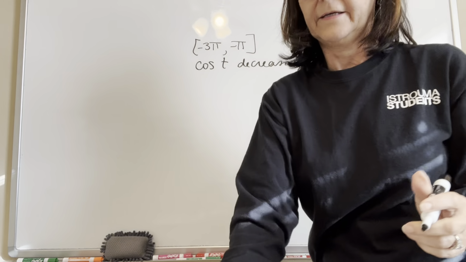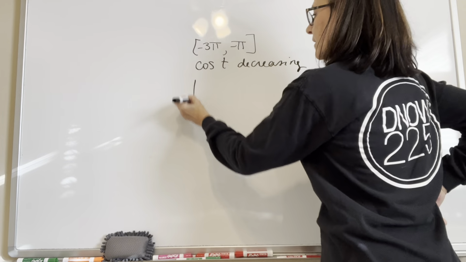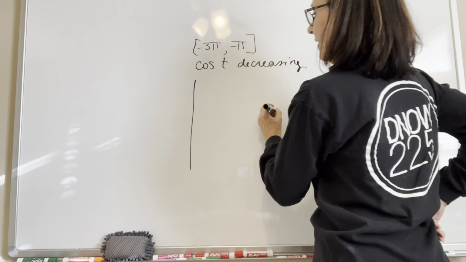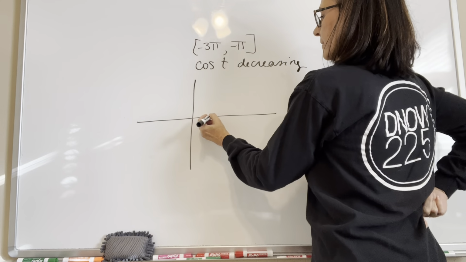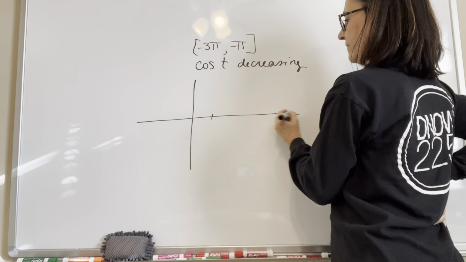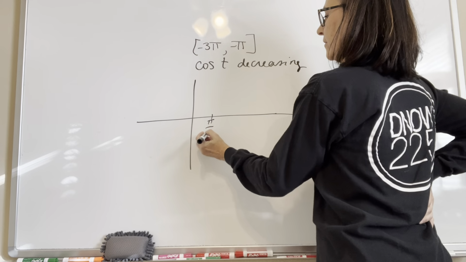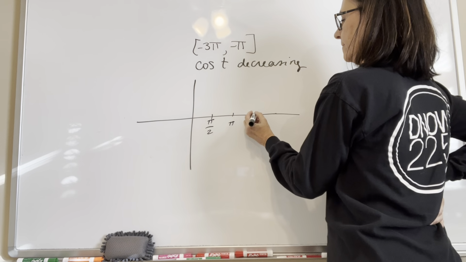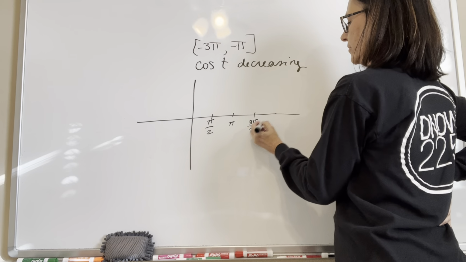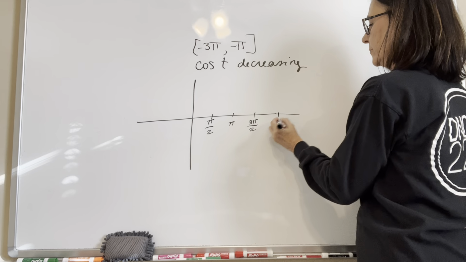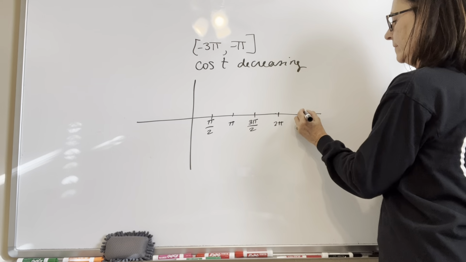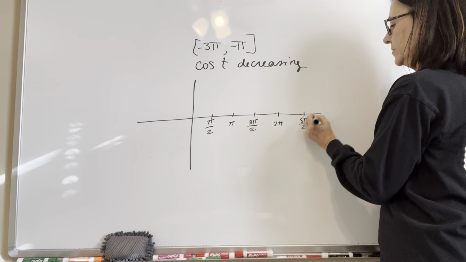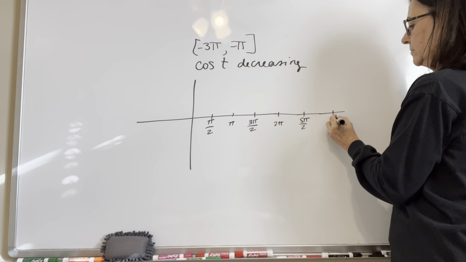All right, so let's think of the cosine curve. Remember, we'll go ahead and graph this. This is pi over 2, pi, 3 pi over 2, 2 pi, 5 pi over 2 to 3 pi.